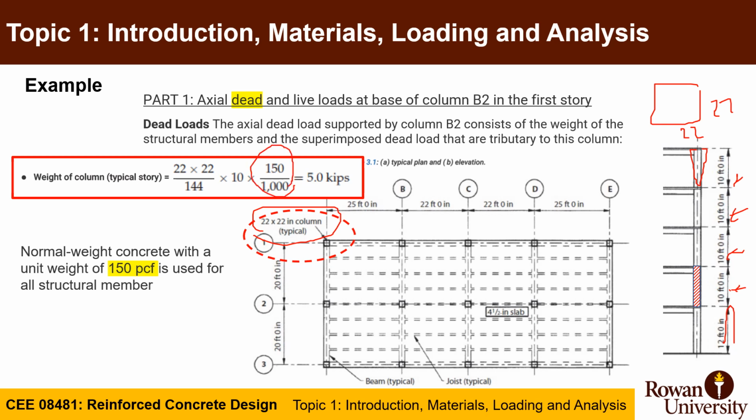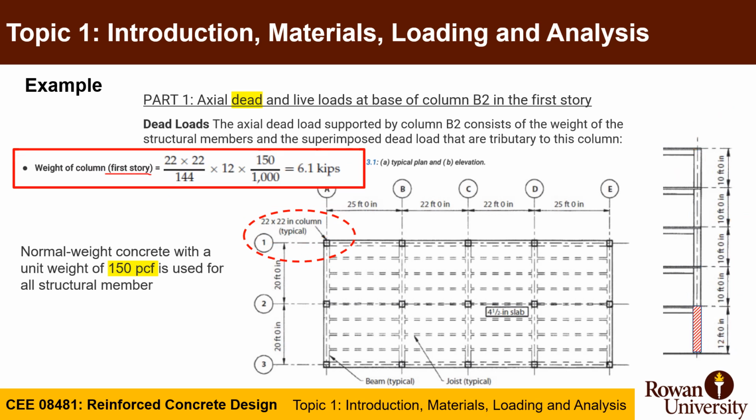The volume is the area of the cross section, 22 times 22 over 144, to convert from square inches to square feet, times the height of the column, which is 10, as you can see here. That gives you the weight of the column at this floor, this floor, this floor, and this floor, about 5 kips. For the first floor or story, the column is 12 feet. So it's going to be the same equation, except that you're going to replace the typical height by 12 feet now, and you get 6.1 kips here.